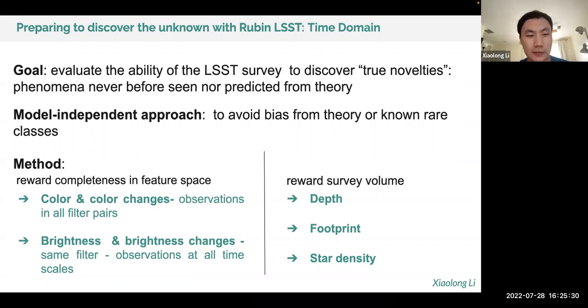So we approach this problem by exploring the completeness in the observational feature space, and also the volume explored by the Rubin LSST. The observational feature space includes the color and the color change, brightness and the brightness change. For the volume, this includes depth, footprint, and the star density.